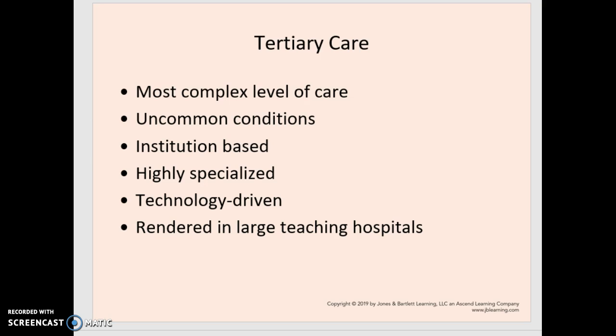And then when we get to the tertiary care, this is the next level up, and these are highly, highly specialized folks, technology driven. These are some of the things that you might see going on with genomes, and with some of the new adaptive stuff. Now, as I said in the previous one, cardiac surgeries may be secondary, but also some of the new transplants and some of the new ways that we're doing that, and orthopedics can certainly be tertiary care.